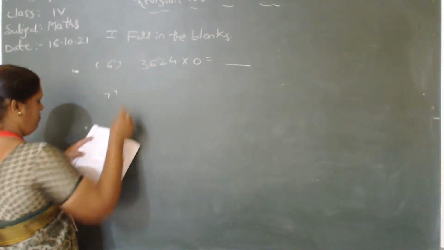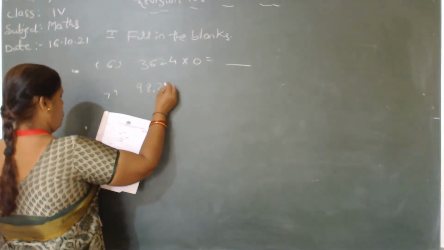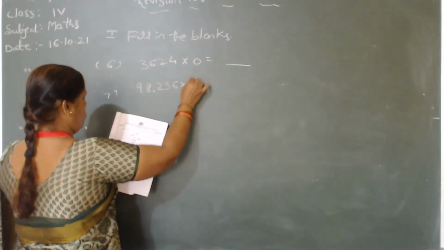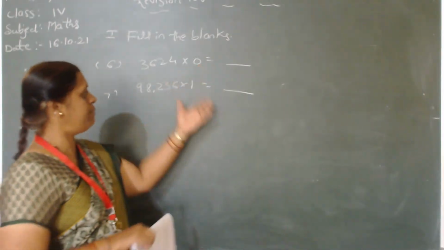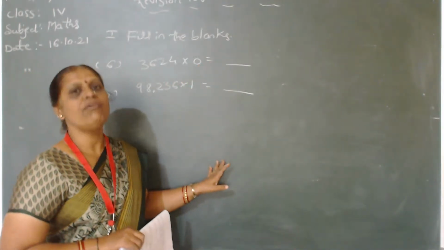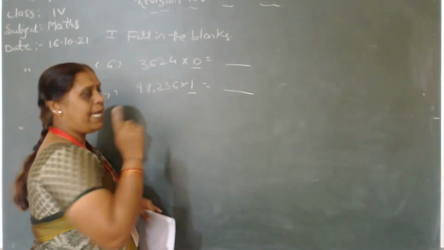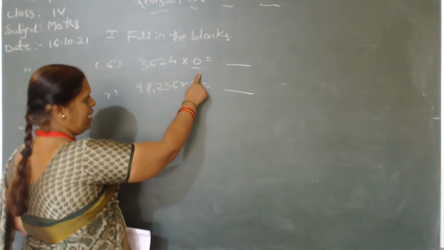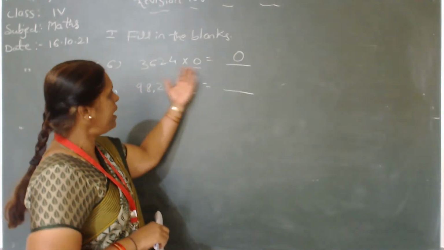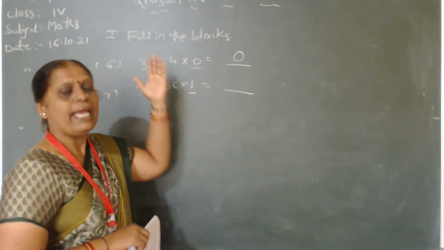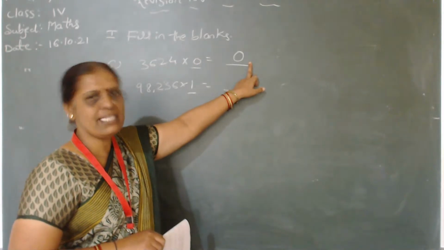Seventh one, 98,236 into 1 is equal to dash. You can remember these as the properties of multiplication. So what is the multiplication property? Any number multiplied by 0, the product is always 0. Not only this number, any number multiplied by 0, the product will always be 0 only.